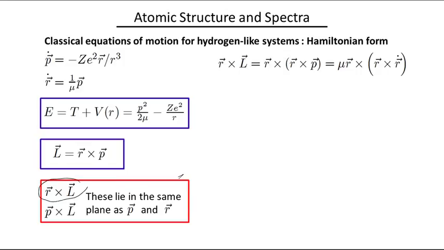Okay, let's see what progress we can make. So let's take r cross L and look at it in greater depth. That's simply r cross, p cross r, which is then just substituting for r and r dot takes that form.